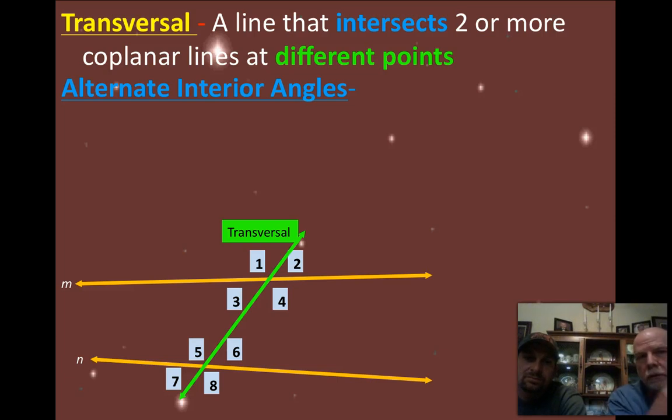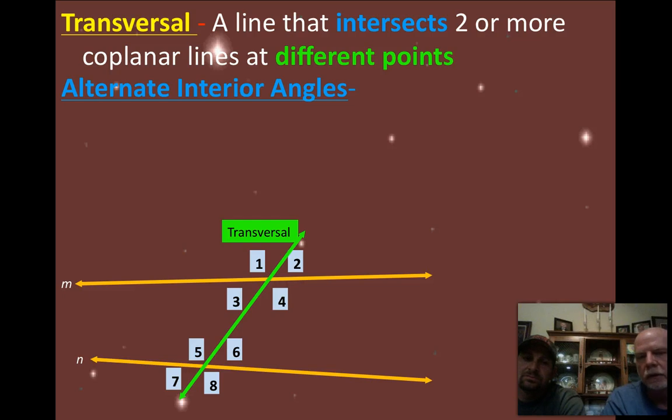Alternate means to alternate between sides here. Now again, when we're talking about these kinds of angles, we're always assuming one of the angles on the top, one of the angles on the bottom. So alternate angles are one on one side of the green line, the transversal, one on the other.